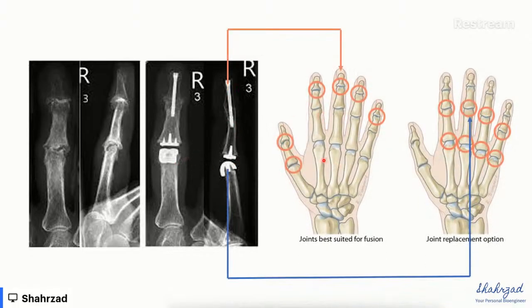And again, top right here, these are the joints best suited for fusion. And down we have the joint replacement, and these are the joints that would take a joint replacement in your hand.